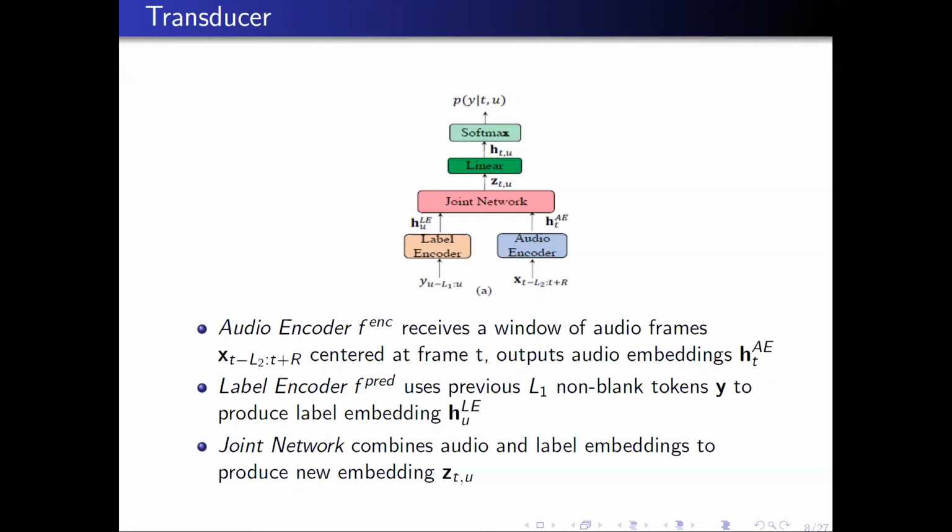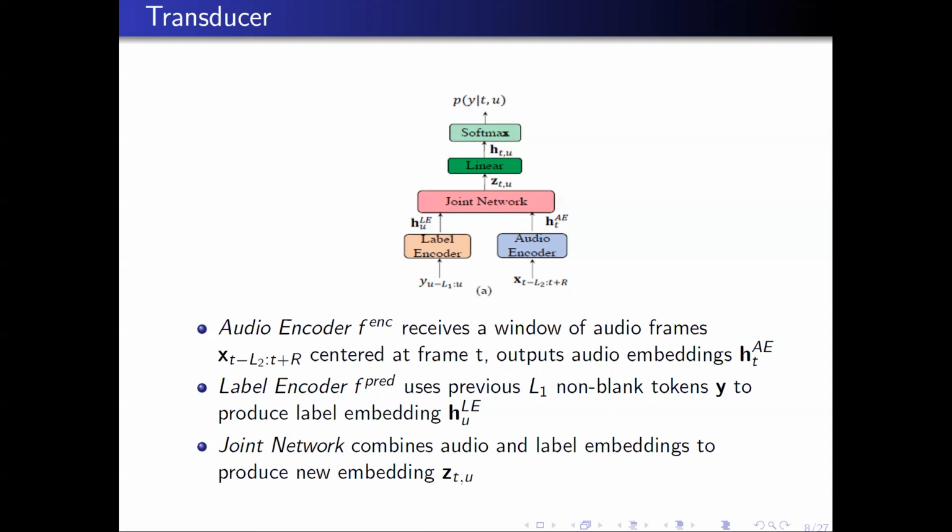An audio encoder receives a window of audio frames centered at frame T and outputs audio embeddings. Label encoders use previous non-blank tokens to produce label embeddings. And lastly, the joint network combines the audio embeddings and label embeddings to produce new embeddings.